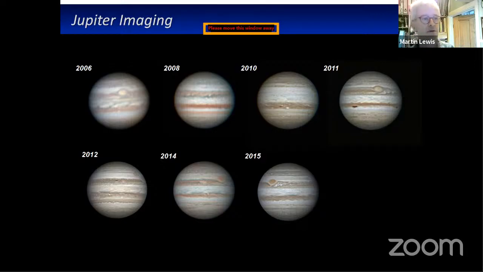And you can see changes in the coloration of the Great Red Spot, and some minor belt changes. So yes, there are local changes, spots and things that appear, but there are also some quite gross changes that happen on the planet over the years.